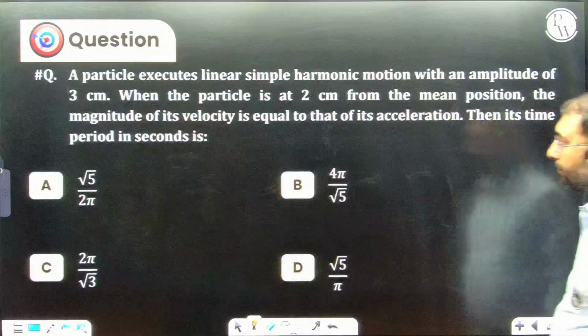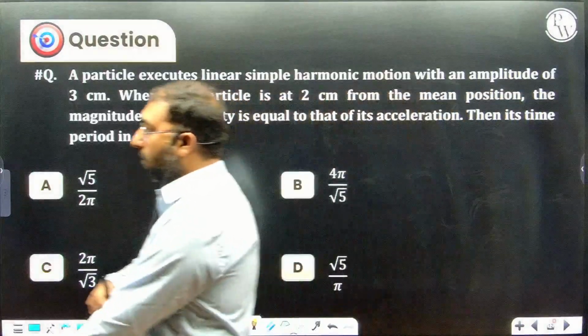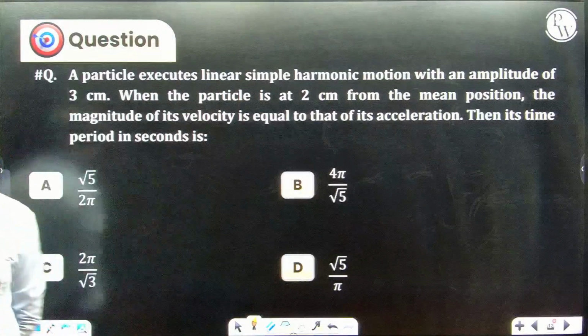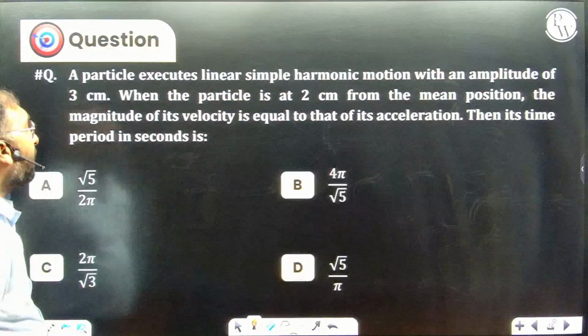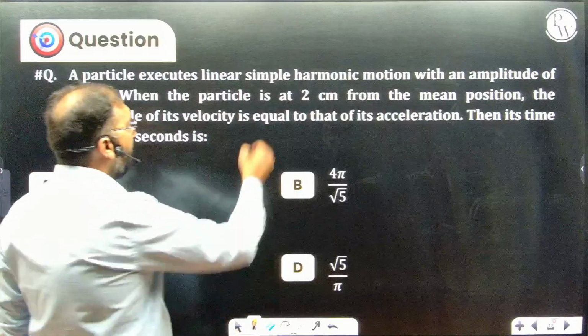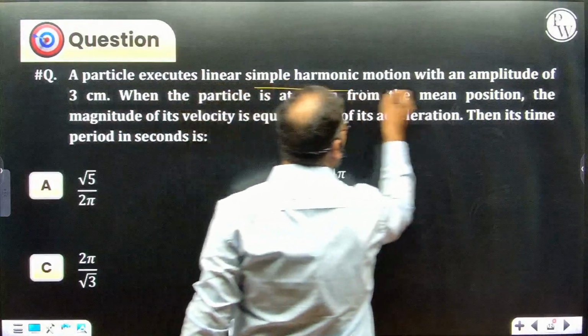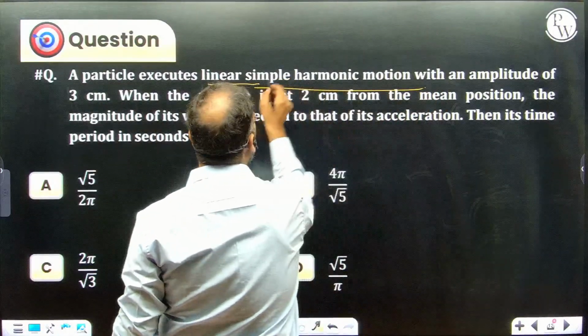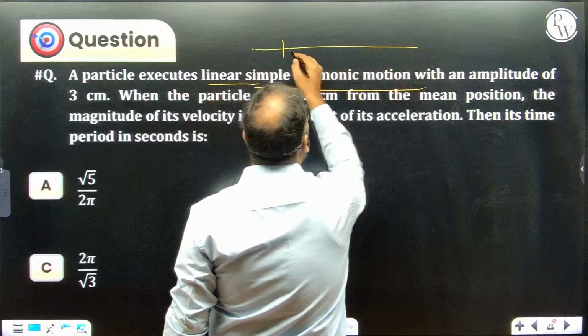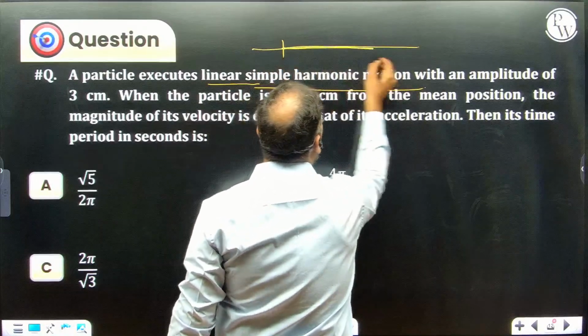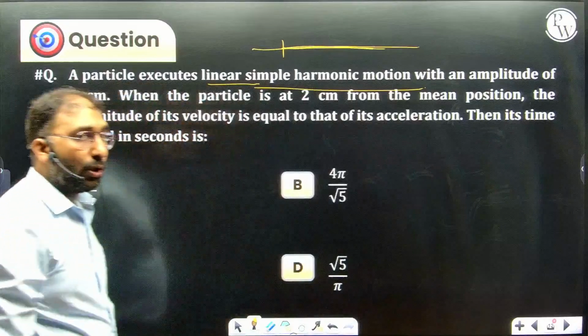Moving to the next question. A particle executes linear simple harmonic motion. Linear simple harmonic motion means what? The particle is performing SHM along a straight line. It is not rotating, right?